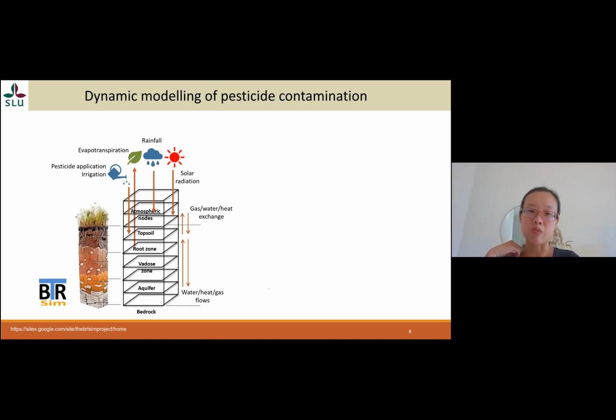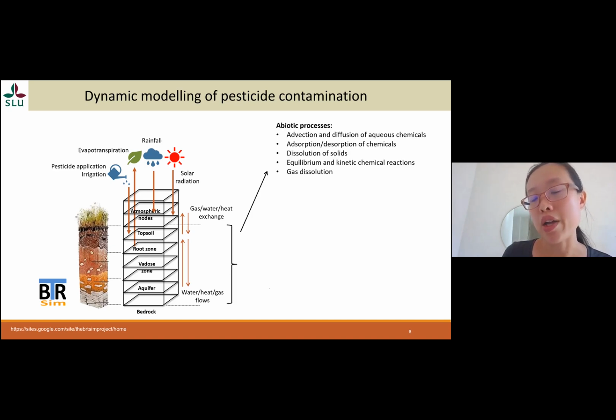And in this type of model, it solves mechanistically the water, heat, and gas flow along the soil column. And it also has a mechanistic accounting for biotic and abiotic processes, such as advection and diffusion of chemicals, adsorption and desorption, gas and solid dissolution, equilibrium reactions.